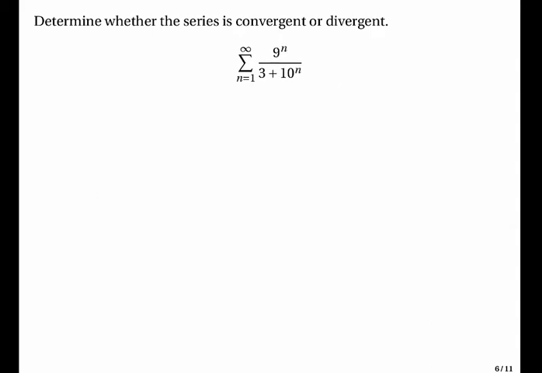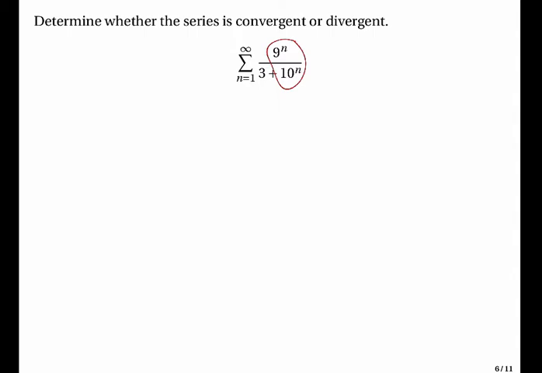Next, here we have the sum of 9 to the n over 3 plus 10 to the n, where n runs from 1 up to plus infinity. If we look at this, an obvious series that we can use is the one which involves these two terms here.